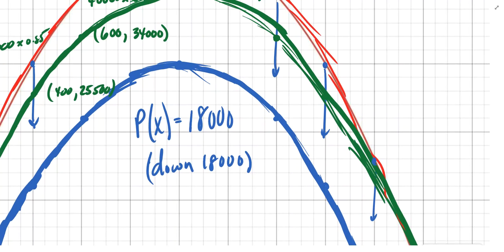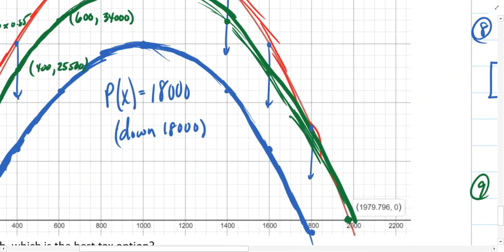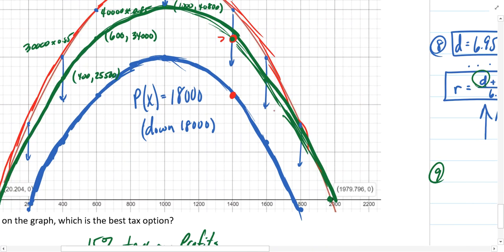And you can perform direct analysis there. If we were to sell 1,400 gallons of paint and look at the blue graph, well, there's our profit. If we were to sell 1,400 gallons of paint and look at the green graph, well, there's our profit after paying taxes. This one is always greater for every X value along the way than the profit on the blue graph.